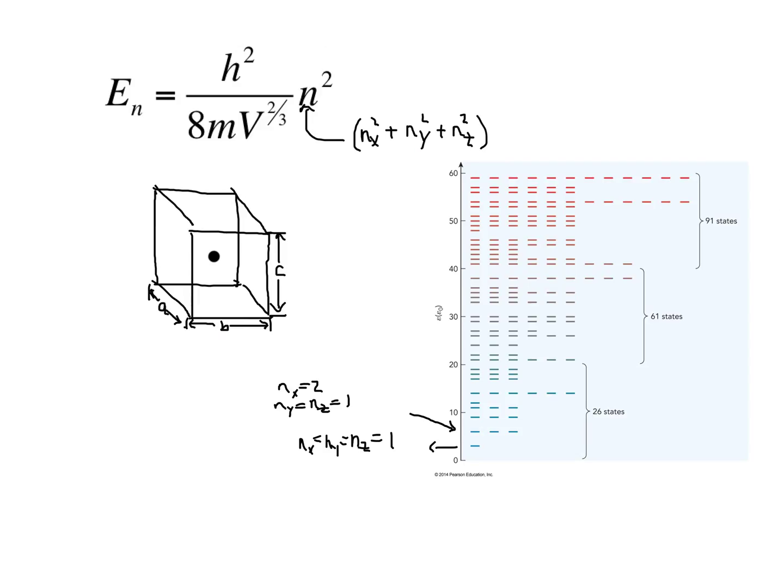However, I could also have ny equal to 2 with nx and nz equal to 1, or nz equal to 2 with nx and ny equal to 1. All of these states give the same value of n squared equal to 6. Therefore, these states are all degenerate, and the second level is threefold degenerate.